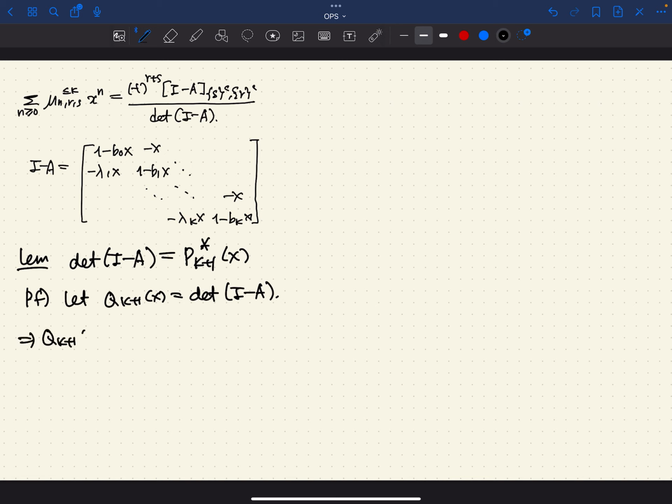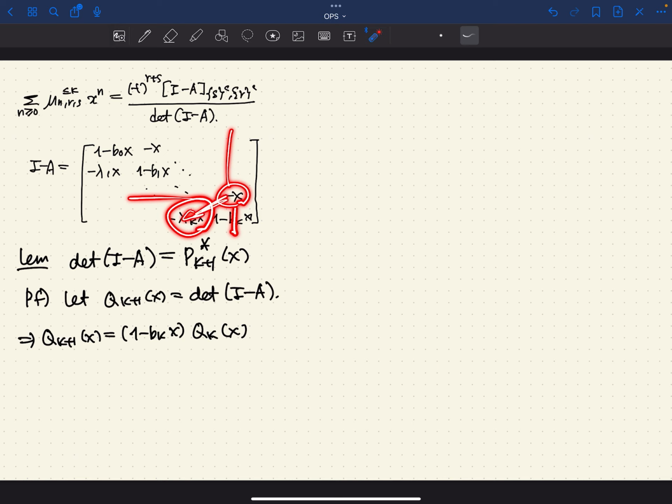q_{k+1}(x) equals: if you expand along this, you have the same matrix with one smaller size, but the entry is 1 minus b_k x, times q_k(x). But if you choose this or this, then you cannot choose anything there, so you really have to choose this. If you choose these two, you get a matrix of size decreased by 2.